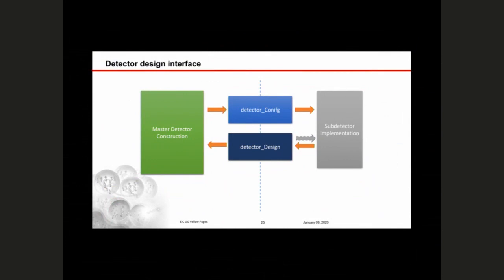We're using these two simple classes, detector config, which pushes the config from the master detector to the sub-detector. So the sub-detector can create itself by being provided the master volumes. That is something that works like this. Okay, let's go back to the presentation, and we will cover this in more detail later.